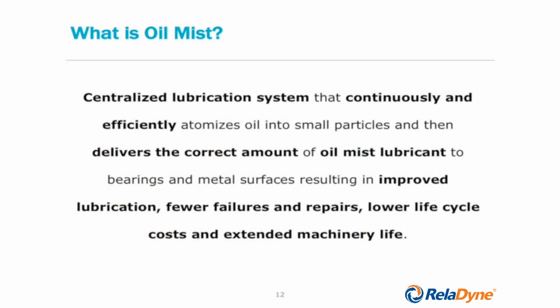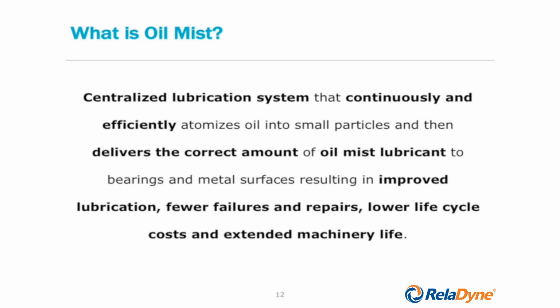Oil mist is a centralized lubrication system. You have just gotten an idea of what it looks like as a system. And it continuously and very efficiently atomizes oil into very small particles and then injects these small particles into carrier air.